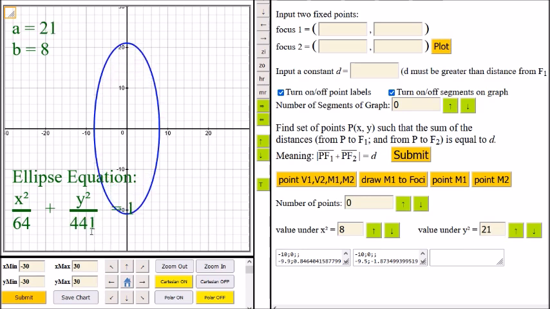And so what we can see here is that if the value under the y squared is larger than the number under the x squared, then the ellipse becomes elongated vertically. And so that's what the difference is.